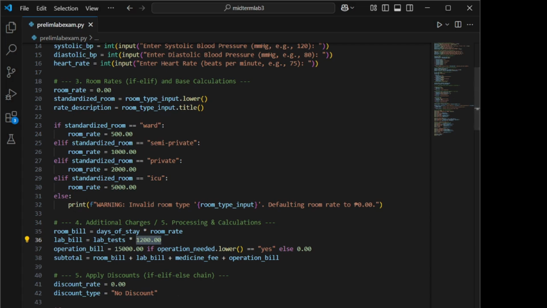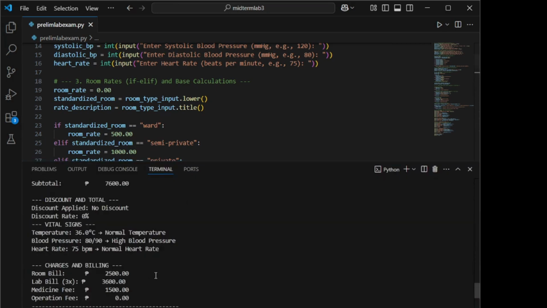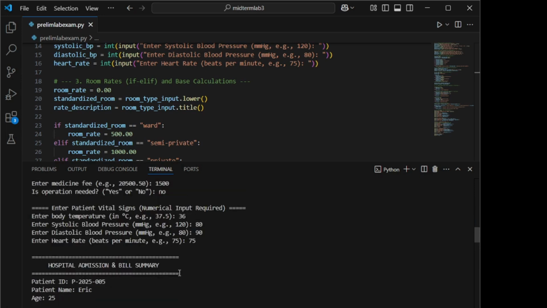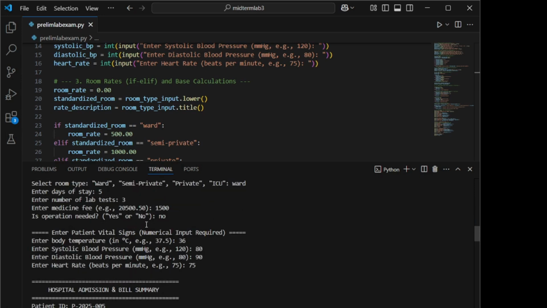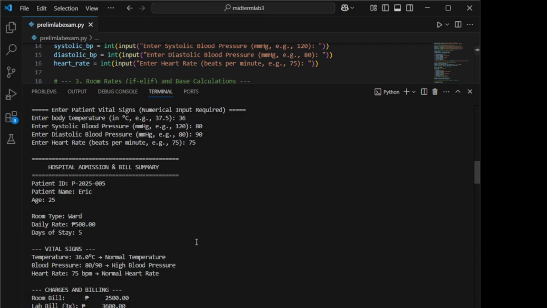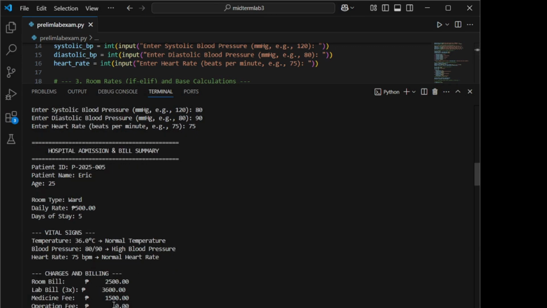And for our lab bill, we have here the fixed rate of 1,200. And since we input 3 lab tests, we get 3,600 for the lab bill.